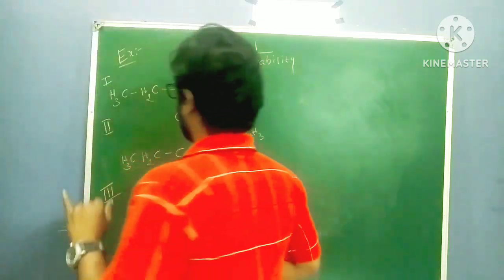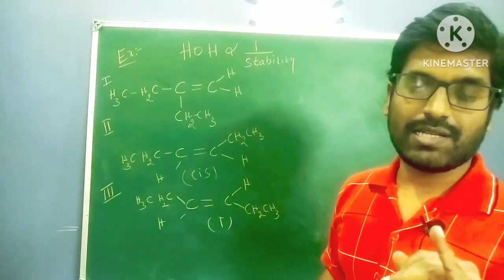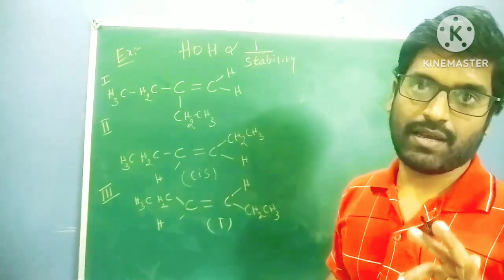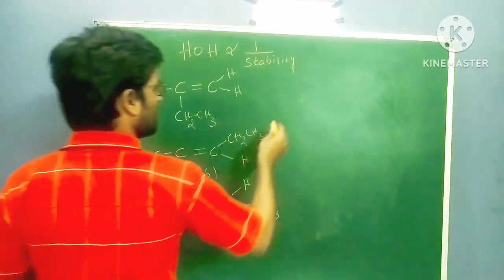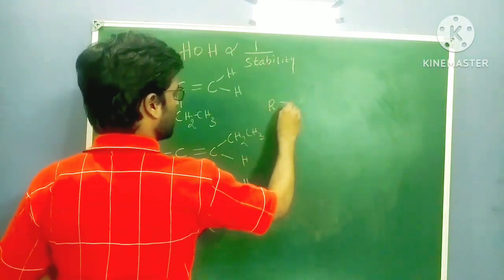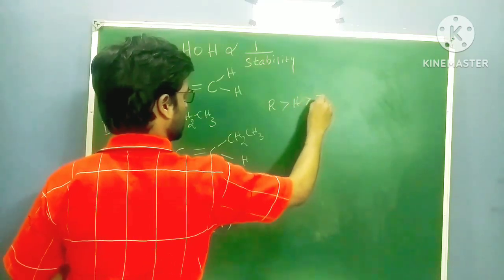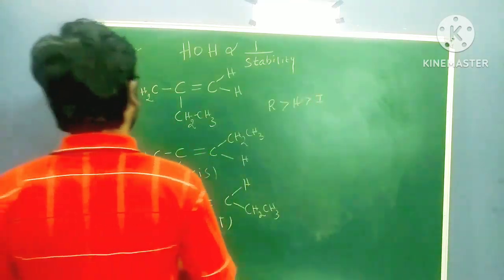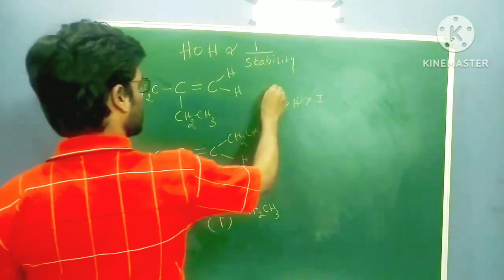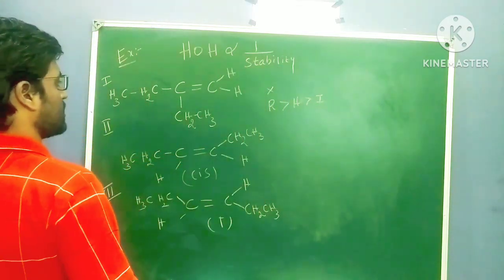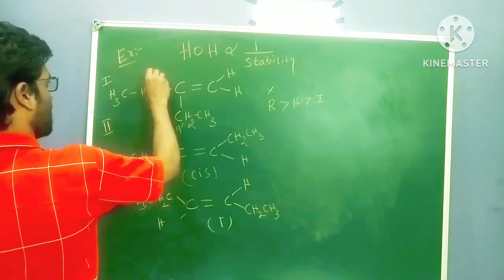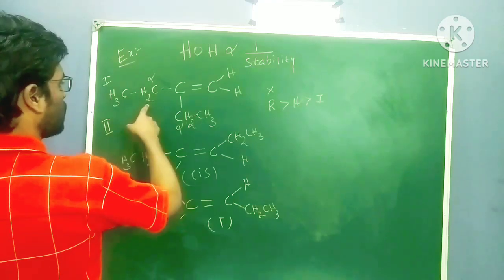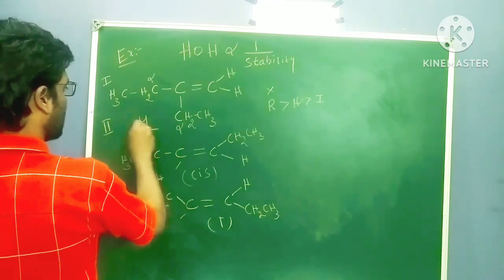First thing you have to do: resonance, hyperconjugation, inductive effect. First I am comparing this one and this one. This is the order of stability. Here resonance is not there. Next see hyperconjugation. For this double bond, this is alpha position, this is alpha position, so 2 plus 2, 4 alpha hydrogens are there.